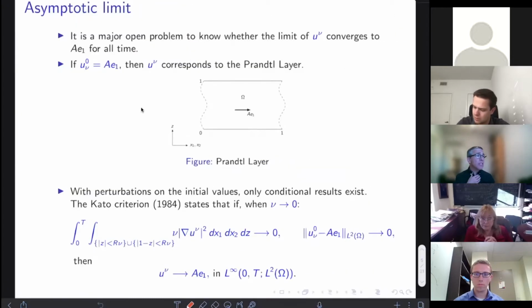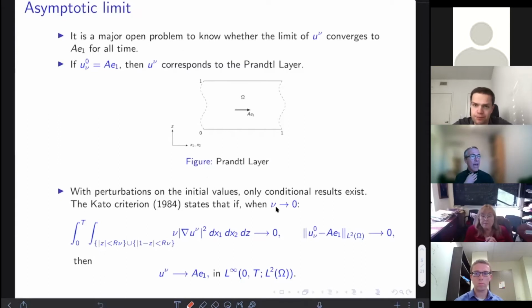But if you consider a perturbation of the initial value, then up to now, in terms of looking at the inviscid limit and hoping to get the shear flow at the limit, there are only conditional results, especially Kato's criterion, very famous from 1984.